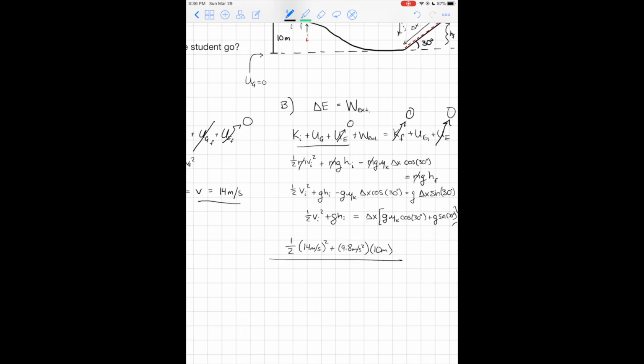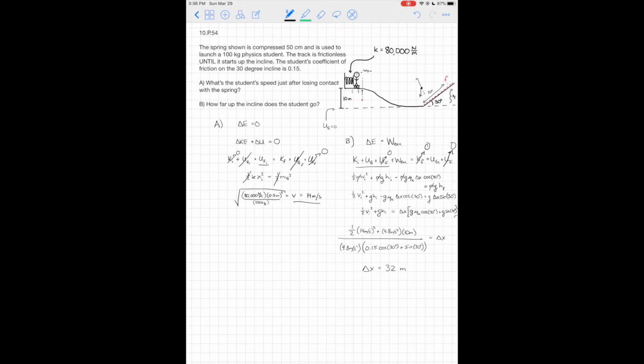G is constant, so let's actually just pull that out. 9.8 meters per second squared times mu_k, we said that was 0.15, times cosine of 30 degrees, plus sine of 30 degrees. Let's just check our work there. That all should be equal to delta x. And when I plug in numbers to my calculator, I get a delta x equal to 32 meters.